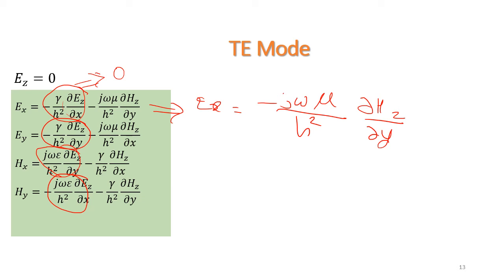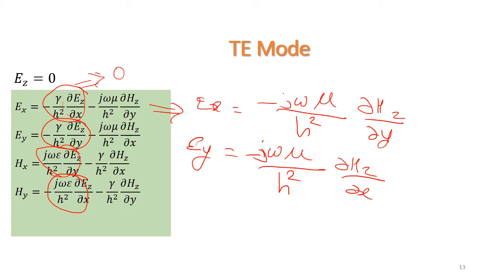Similarly, Ey equals only minus j omega mu upon h square, d bar Hz upon d bar x. Like this we have to modify the equations to find the actual field equations related to this rectangular waveguide.